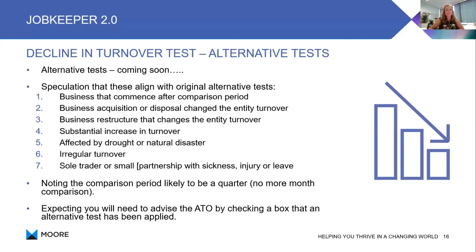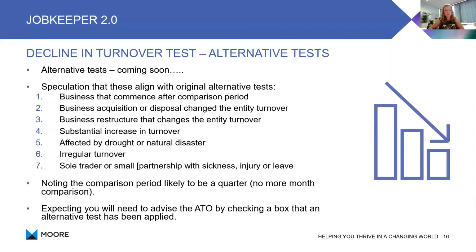The alternate tests for last tranche, and we believe they're going to align with these, include a different test period for a business that commenced after the comparison period. So if you're a new business, say you started business after your September quarter last year, then you're obviously going to need a different period to test against.